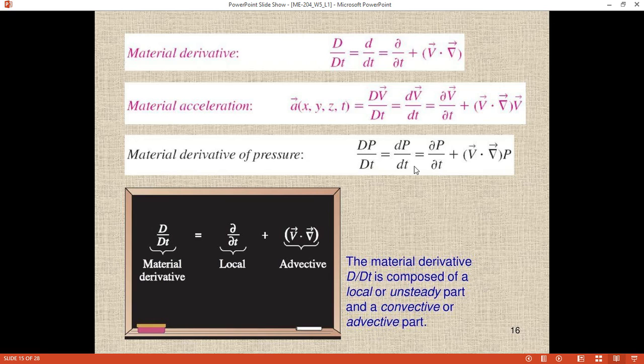So this is called the material derivative, this is the local derivative, and this is the advective derivative. The material derivative is the sum of the local or unsteady part and the convective or advective part. So here is the explanation of the material derivative.